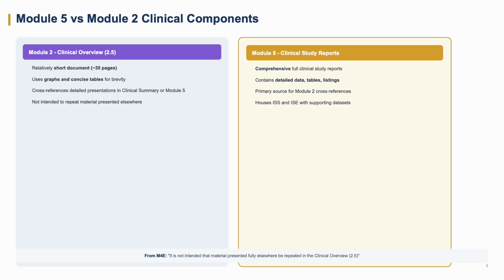Section 5.3.4 is for human PD studies, pharmacodynamic studies. Important note here, this section does not include your pivotal efficacy studies. Those go in 5.3.5. Section 5.3.4 is for mechanistic PD studies, biomarker studies, and proof-of-concept work.